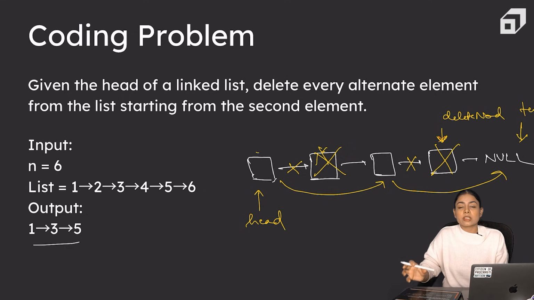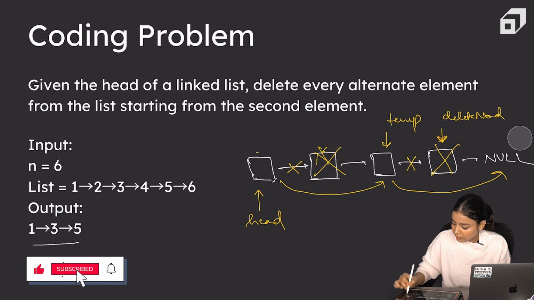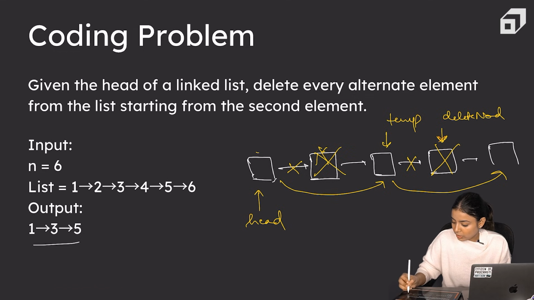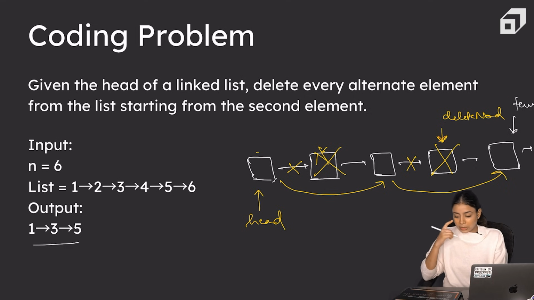Now the temp will reach null in case of even elements. What if we have odd elements here? Instead of null, we have another element here. So we have an odd number of nodes, and this is pointing to null. In this case, when I do temp is equal to temp of next, my temp pointer will come here, and there is no node after this that needs to be deleted.